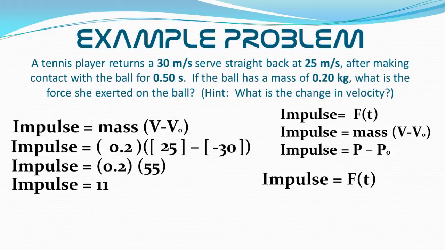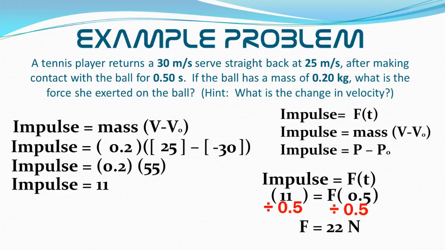On your own, solve for the force based on the impulse of 11 and the time of 0.5 seconds. We're going to plug in 11 for the impulse, time is 0.5. I'm going to divide to solve. So that means the tennis player applied 22 newtons of force.